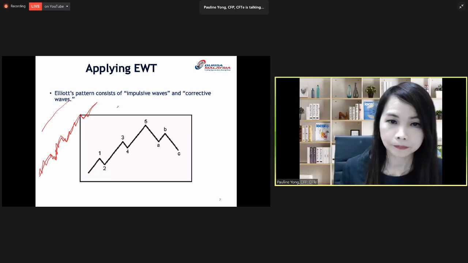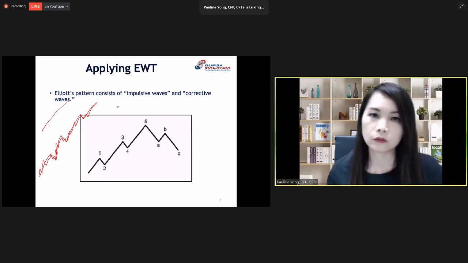And then you have a truncated, whereby sometimes after the third wave and then after the fourth wave, when it is looking for the fifth wave, it is terminated early, so truncated. So there are a lot of alterations, but nevertheless, the main idea is there.